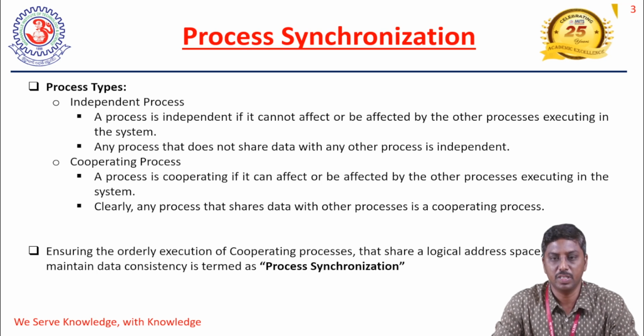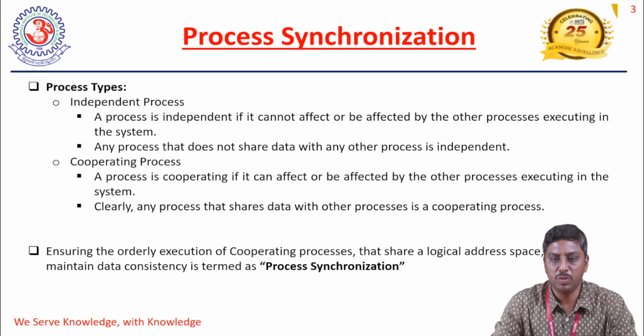For example, in multiprogramming we usually have more than one process running in parallel. A process is called independent if it is not affected by, and does not affect, other processes. And a process is called cooperating if it can affect or get affected by other processes.